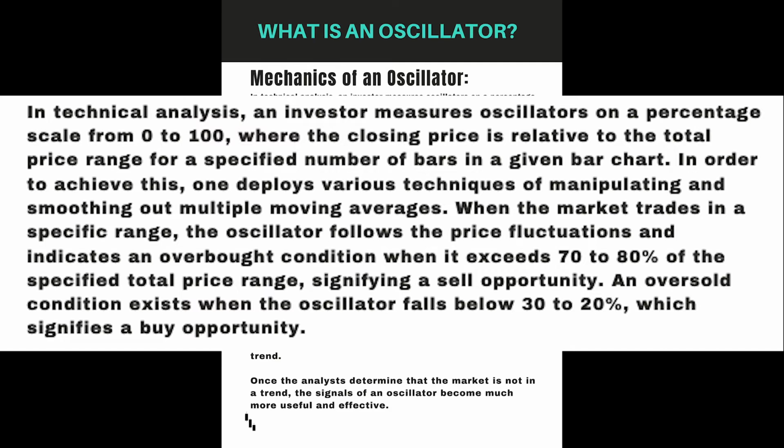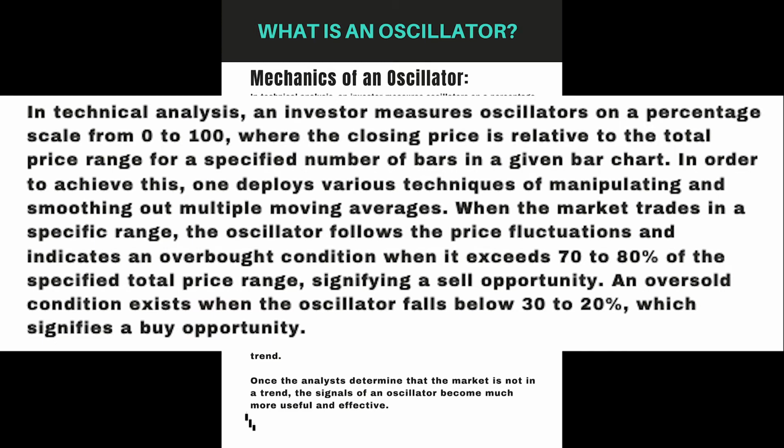When the market trades in a specific range, the oscillator follows the price fluctuations and indicates an overbought condition when it exceeds 70 to 80% of the specified total price range, signifying a sell opportunity. An oversold condition exists when the oscillator falls below 30 to 20%, which signifies a buy opportunity.